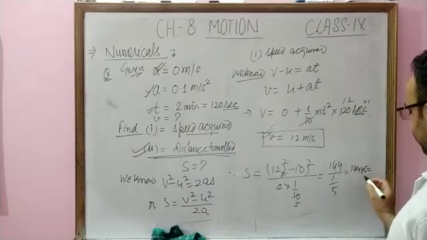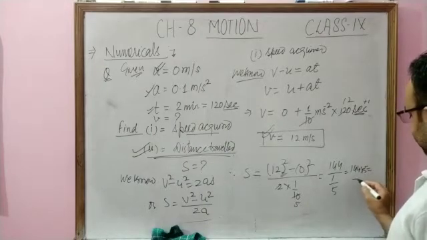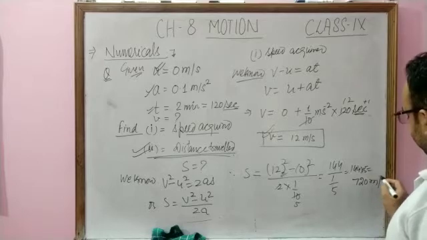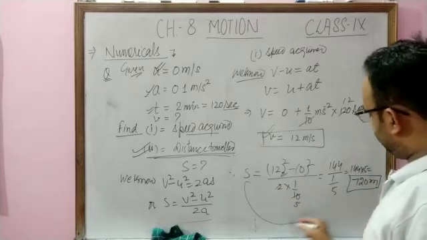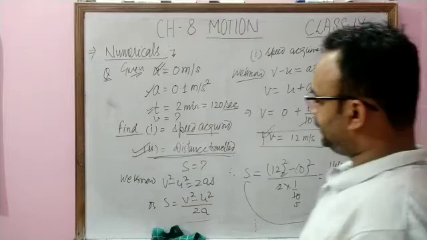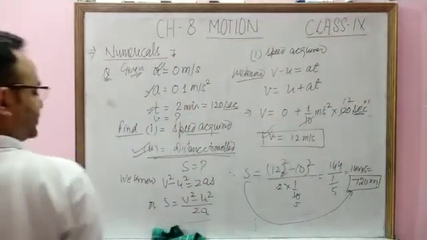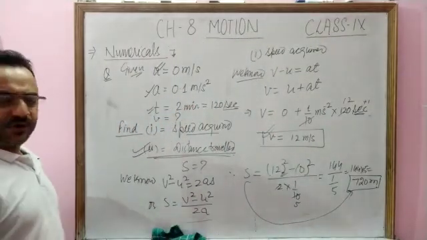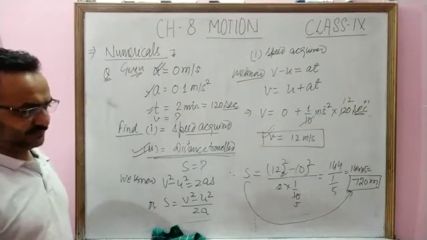It will be equal to 720 meters. This is the value of distance traveled by the object in a given interval of time. Is it clear?